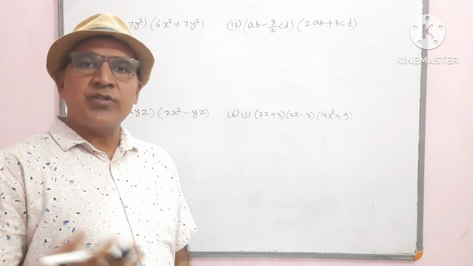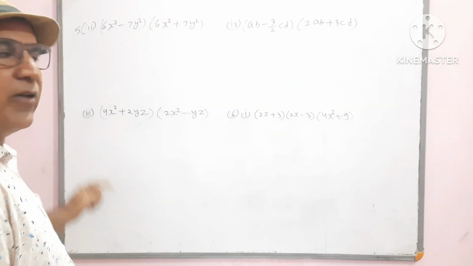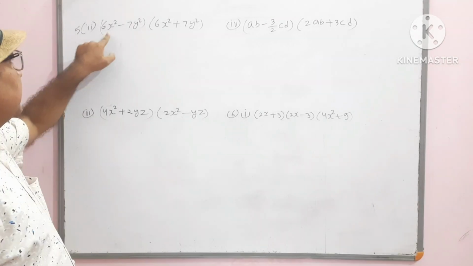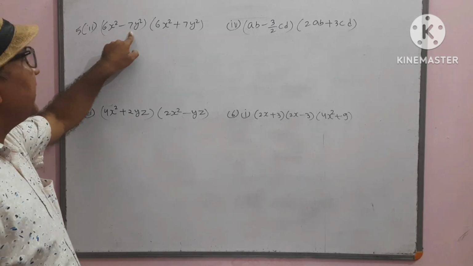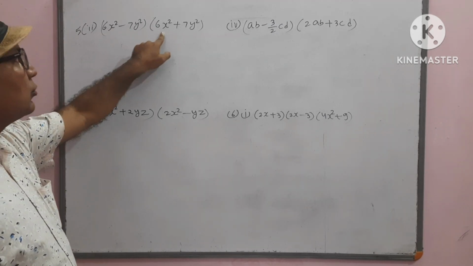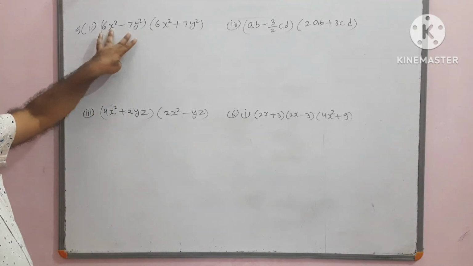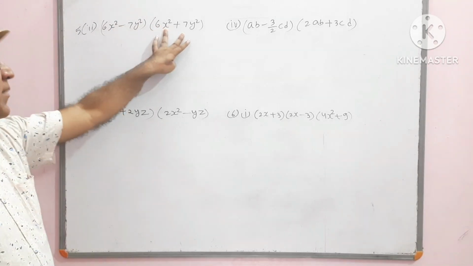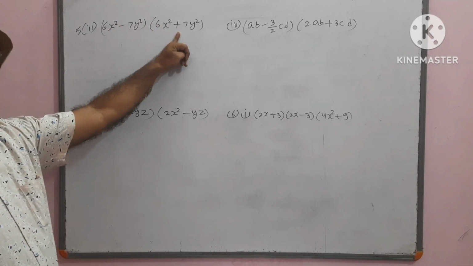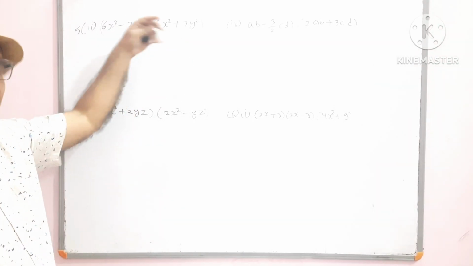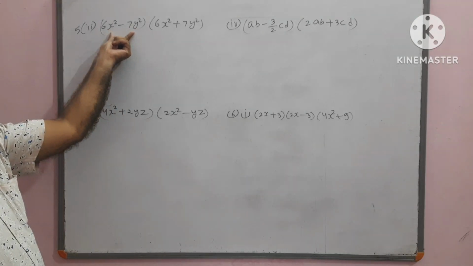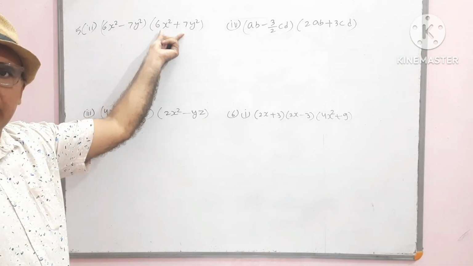Okay, now we are going to see the next questions. Question number 5 part 2, that is 6x square minus 7y square into 6x square plus 7y square. Again, both the terms are same and they have the opposite sign in between them. That means again both are looking like a minus b into a plus b.